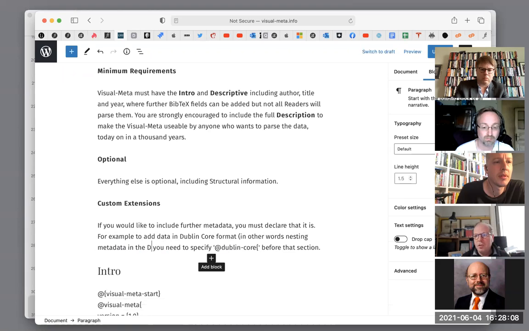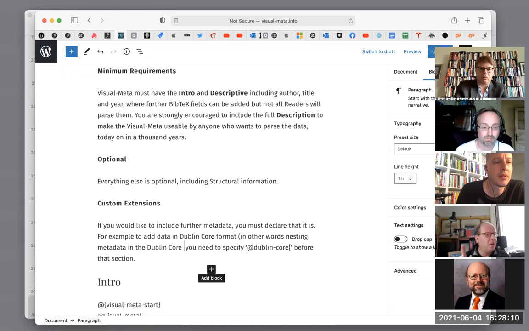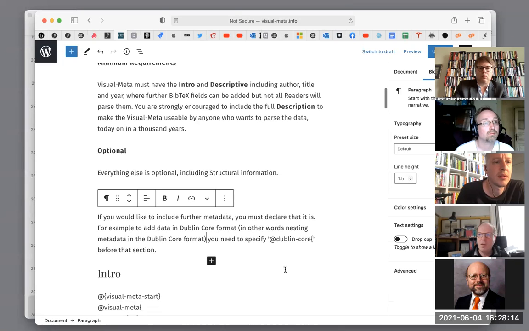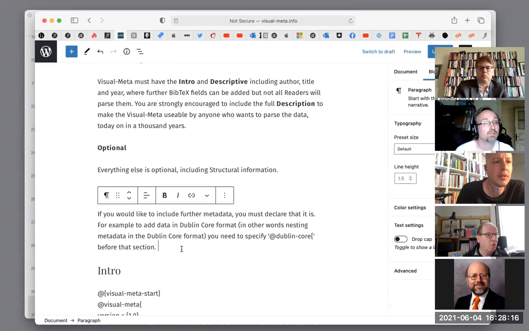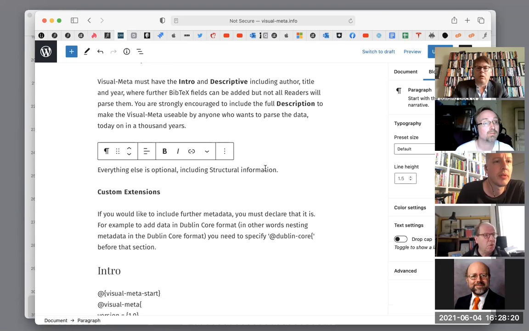The point is, if in 100 years' time or 1,000 years' time somebody doesn't know what Dublin Core is, just saying Dublin Core won't help them unless they can dereference it. So the first thing inside that bracket may need to be the URI of the spec.